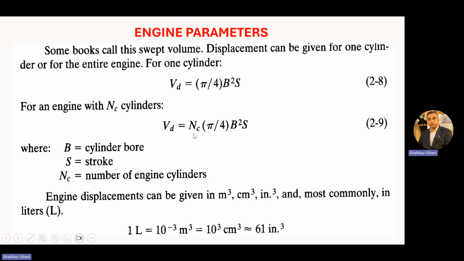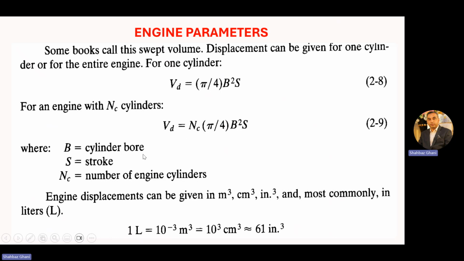The next point is the volume of the engine is 3.6 liter. It has 4 cylinders. So NC is 4. So you have to cater for the number of cylinders and the volume of the engine. You have to be very careful whether it is one cylinder or a complete engine.